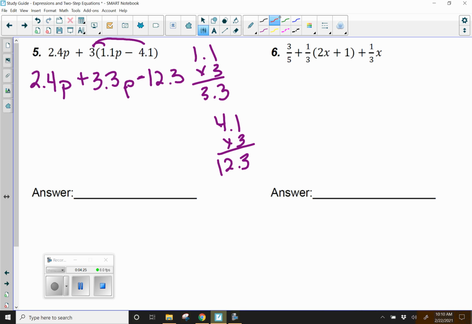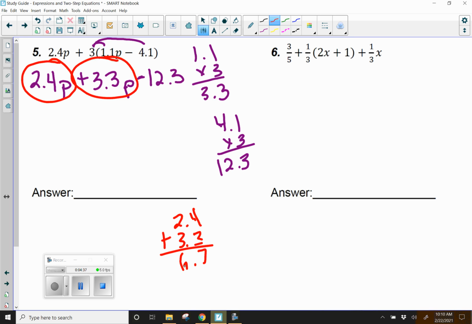Let's combine like terms. We have a positive 2.4p and a positive 3.3p. So down here, I'm just going to line up my decimals and add those two together. They're both positives. So that leaves us with a positive 6.7, or sorry, I added that wrong, positive 5.7. 4 plus 3 is 7, 2 plus 3 is 5.